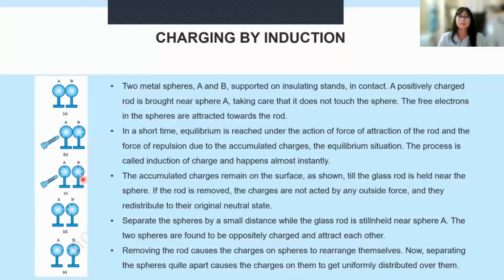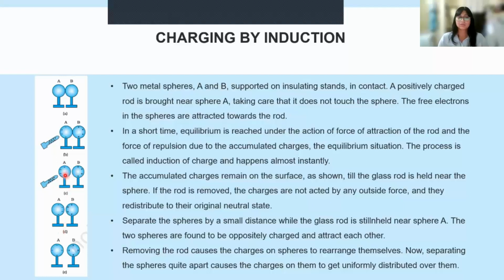Slowly, the negative charges are going to be accumulated here, and the positive charges are going to be accumulated here. Since now they are separated, there are charges here and there are charges here also. So this will also induce a force of attraction between the two spheres.